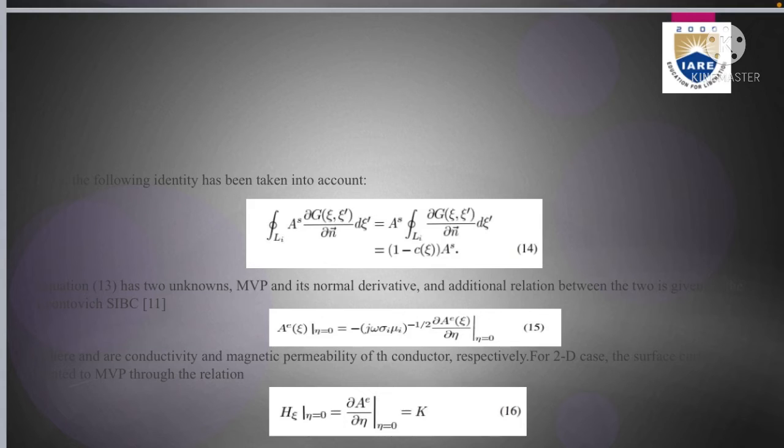the SIBC, equation 11, where the two parameters are the conductivity and magnetic permeability of the nth conductor respectively. For the 2D case, the surface current is related to the MVP through the following relation.